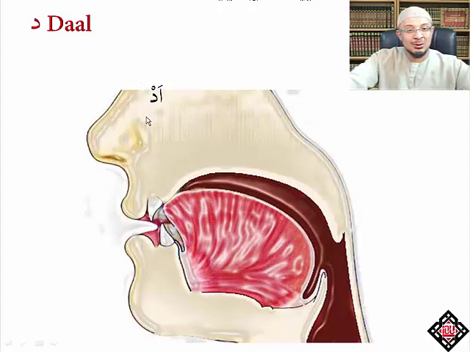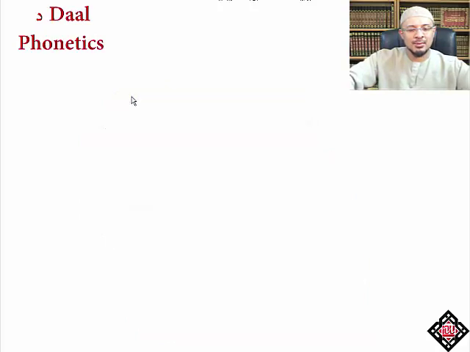And it's interesting that in English, when you pronounce the hard dal, you don't get that vibration. This is a finer point of tajweed, but as long as you are in the proper makhraj, you are pronouncing it right. So we have ad, ud, id. These are the dal phonetics.